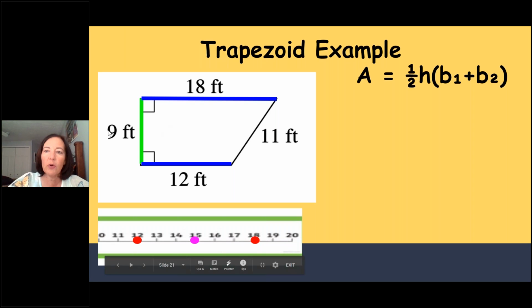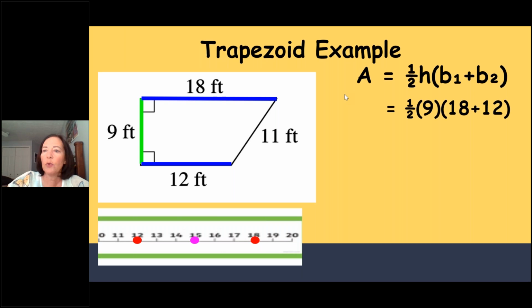But like I said before, I've done this lesson with many students and they usually feel more comfortable relying on the formula. So I've got the formula on the page for you. We're going to fill in the dimensions from this problem. So it's 1/2. The height is 9. I'm going to plug that in.